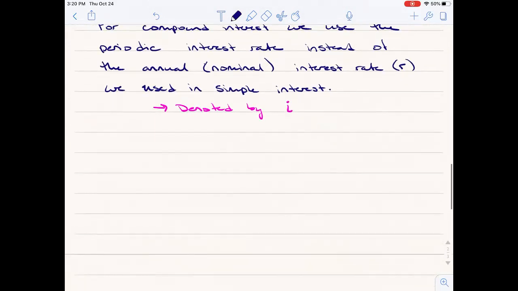And what we have on our formula sheet is that i is r over f.